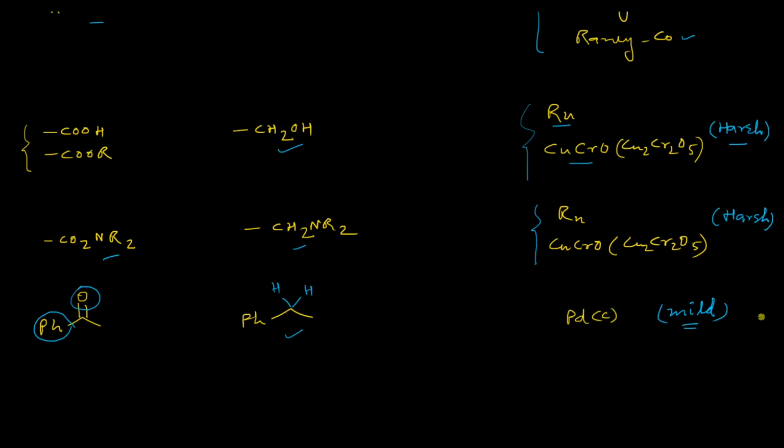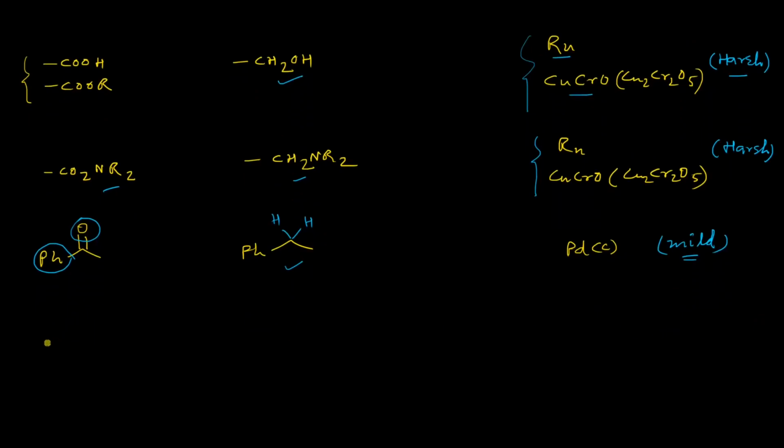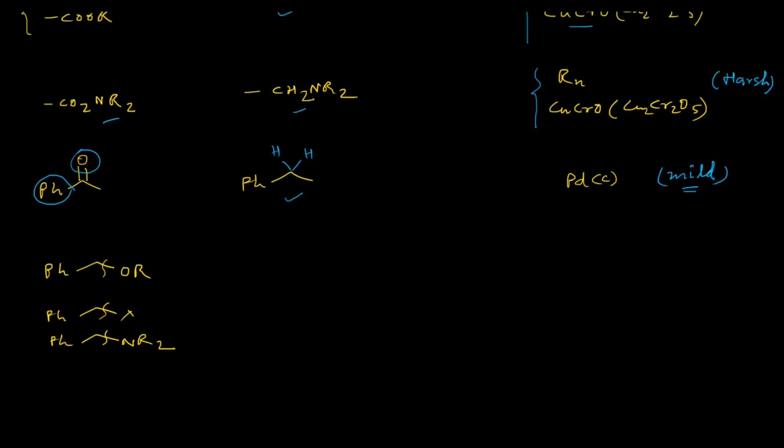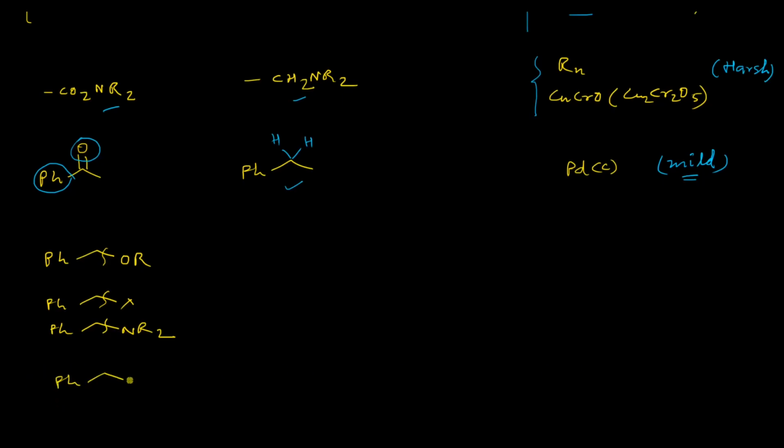And if you want to perform any benzylic cleavage like this, if you want to perform this type of hydrogenolysis, also on halides, if you want to transform all these compounds into the corresponding hydrogenolyzed form, then palladium catalysts are found to be excellent for this type of transformation.